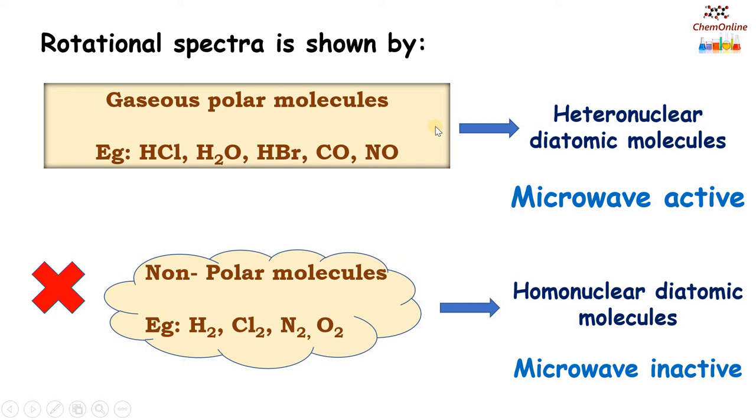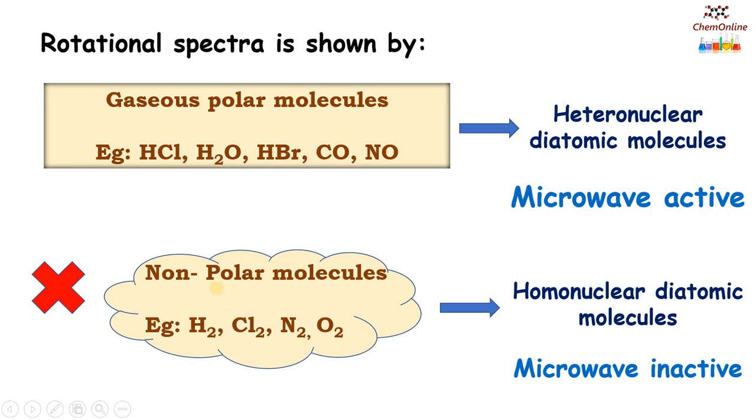Now let's see some examples of molecules. The molecules with a permanent dipole moment are generally polar molecules. So rotational spectra are shown by gaseous polar molecules like HCl, HBr, H2O, CO, NO, etc. HCl, HBr, CO, NO are all heteronuclear diatomic molecules. Such molecules are microwave active. The molecules which show rotational spectra are called microwave active.